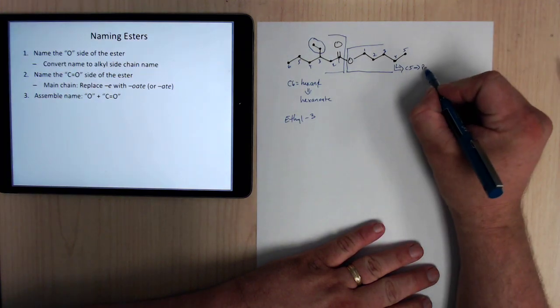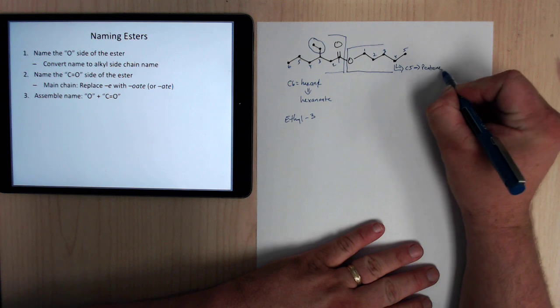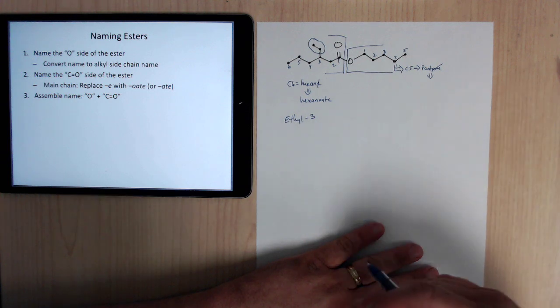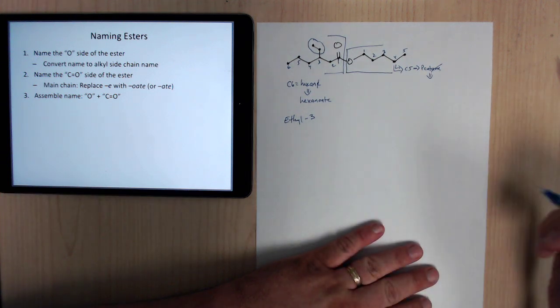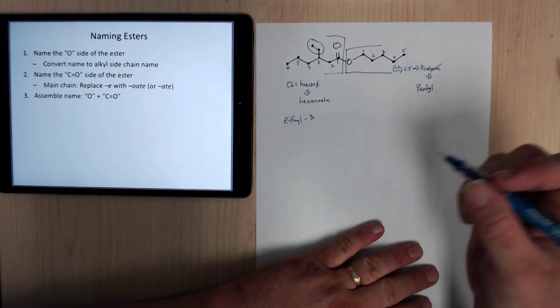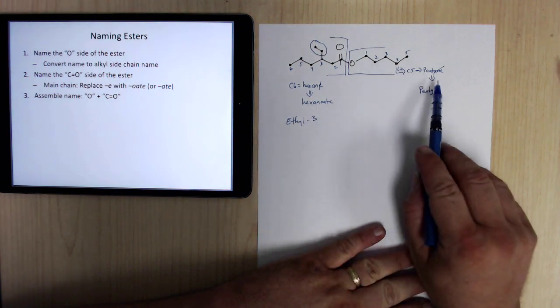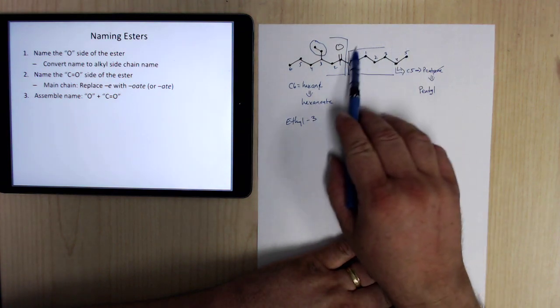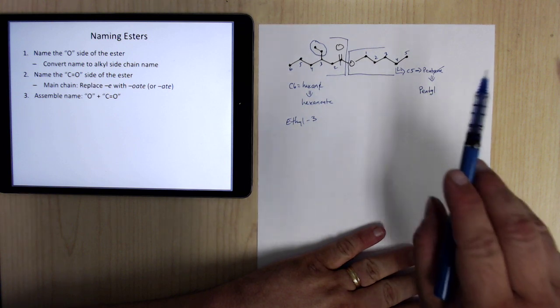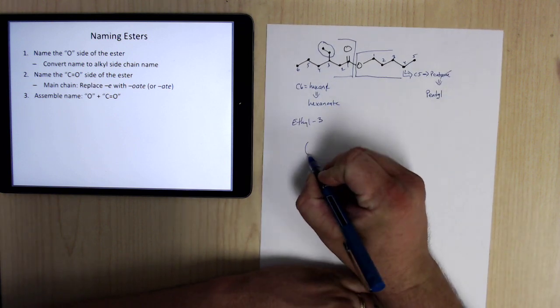So C5, pentane, goes to pentyl, just like methane goes to methyl, ethane goes to ethyl, propane goes to propyl. So this side here is going to be pentyl, and this name always has to be listed first, no matter what it is.